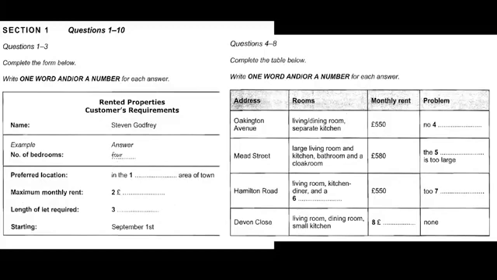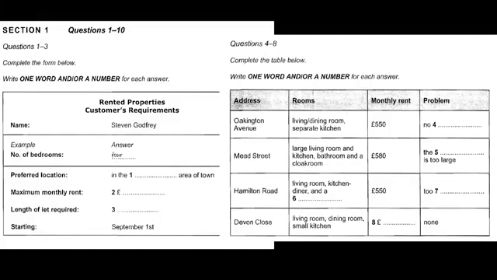Let me have a look at what we've got. We have photographs of all the houses on our book, so you can get an idea of what they're like. There's this one in Oakington Avenue at £550 a month, combined living room and dining room with a separate kitchen. It doesn't have a garage, though you can park in the road. We'd prefer to have one if possible.